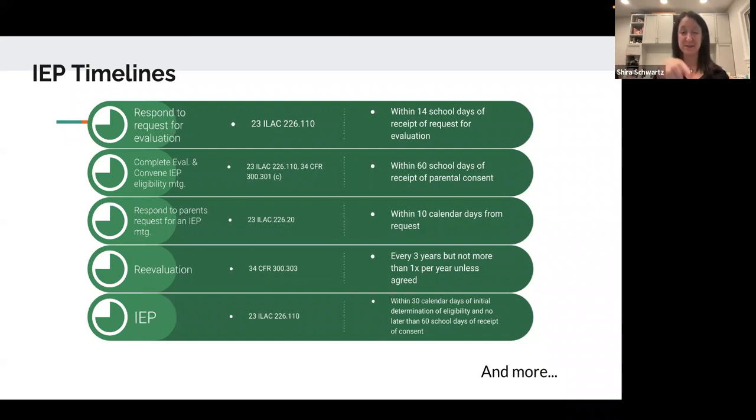If you have 60 days from today, that would be the end of school. They have a calendar to figure out holidays and weekends and this and that. You're looking at the end of school if you put in a request for an evaluation today.